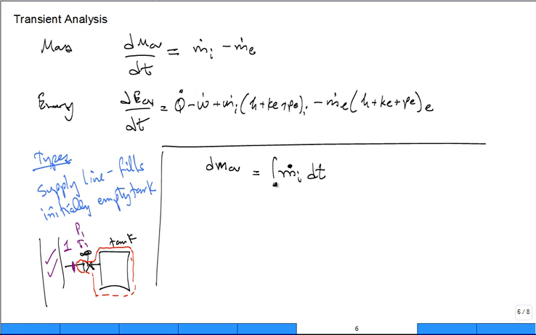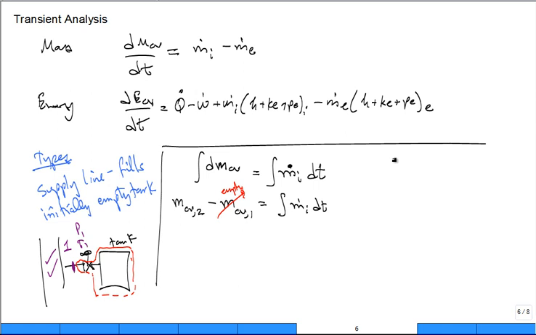We integrate, so we find that the mass in the control volume after the filling process, when we shut the valve, that's state 2, minus the mass that was initially in the control volume when we opened it. Hey, if we opened it when it was initially empty, guess what that term is? If it's initially empty, then that's 0. It is equal to the integral of m dot in dt.